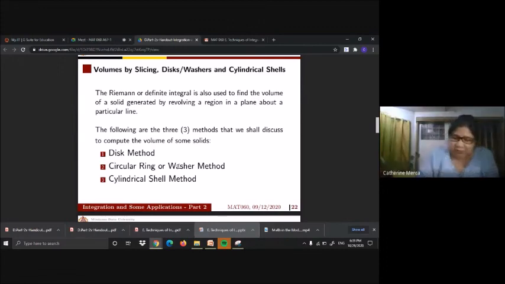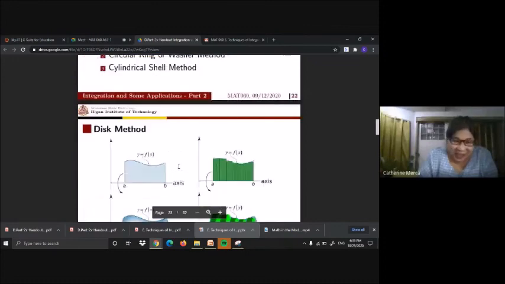Now, what are these methods? Before, it was area, right? So this time we are now on volume.